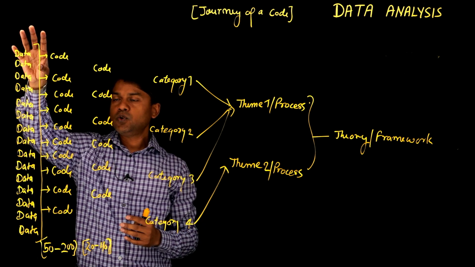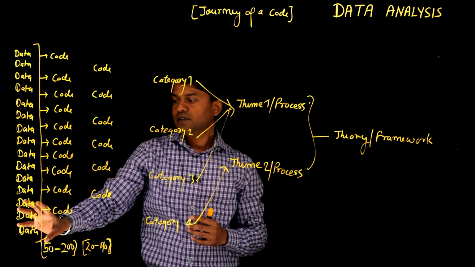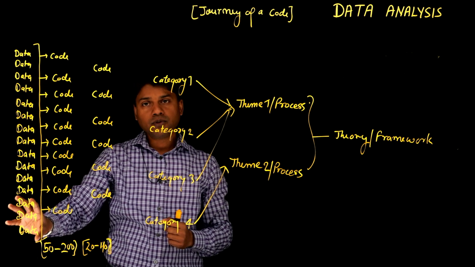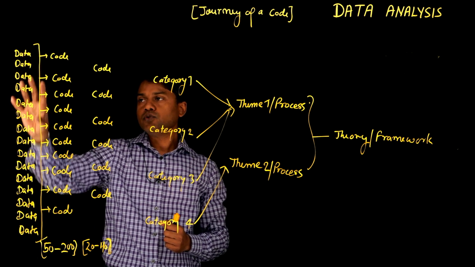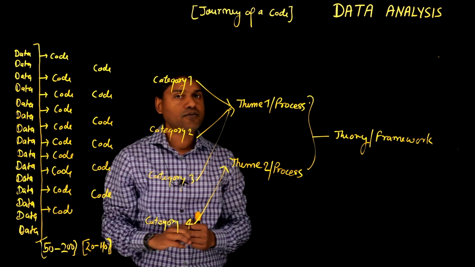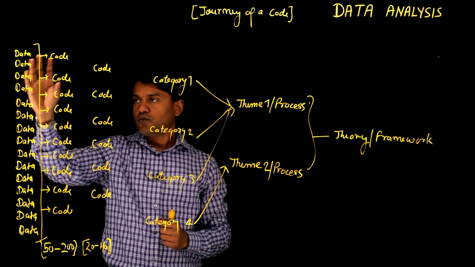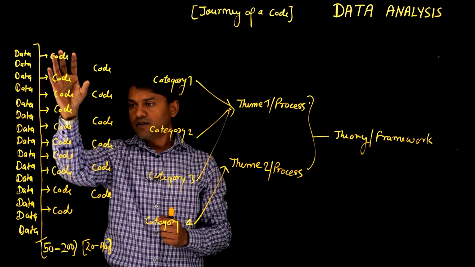So this is your initial data, your interview transcript, your field notes, your observation data, your documents, whatever data you choose to analyze as part of your qualitative study. From this data, you do the initial round of coding. So these are the codes.